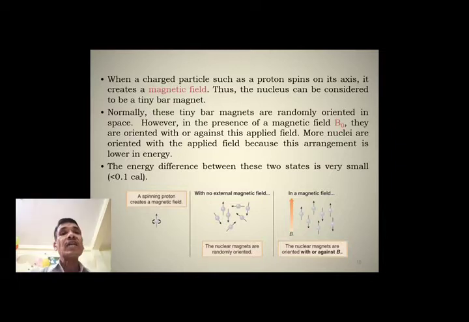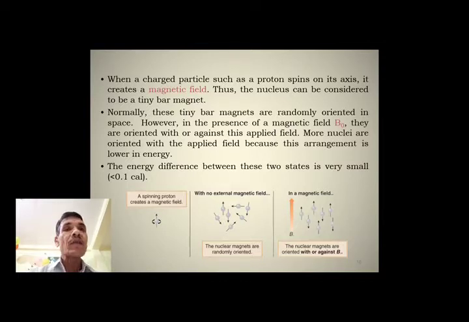When a charged particle such as a proton spins on its axis, it creates a magnetic field. Thus, the nucleus can be considered to be a tiny bar magnet. We know that normally these tiny bar magnets are randomly oriented in space in all directions.